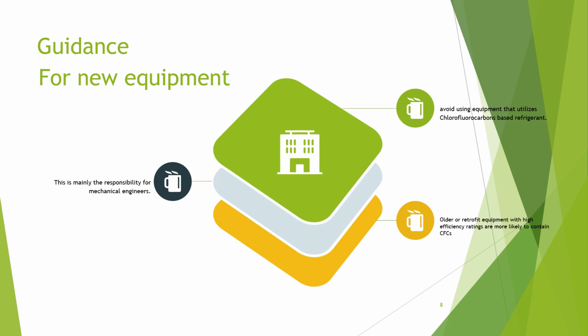To do that, we need to know that this is a responsibility for the mechanical engineers. They should provide a specification for our new equipment and pay close attention to the systems that are selected, as older and retrofit systems with high efficiency ratings tend to use CFC as refrigerant, which we should pay more attention to.